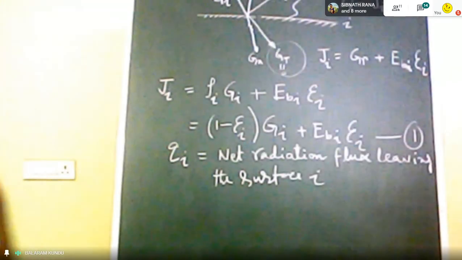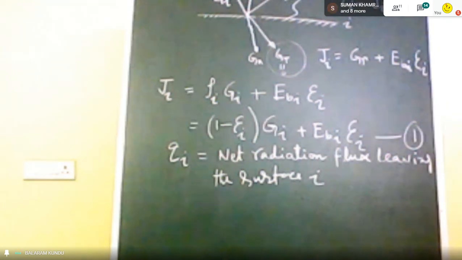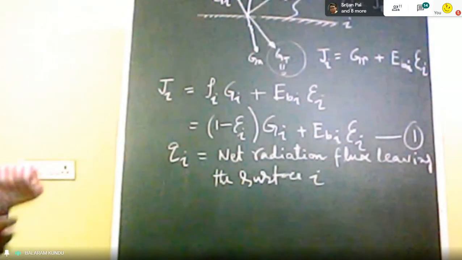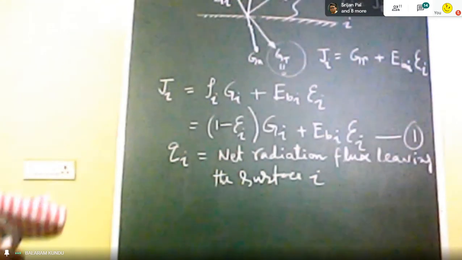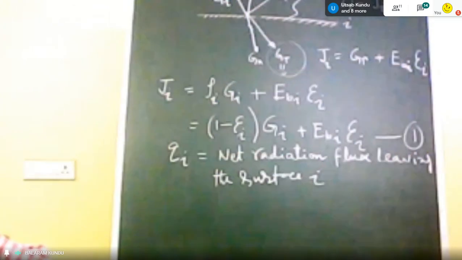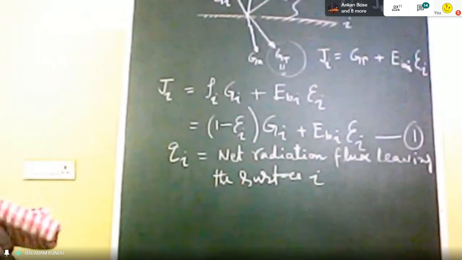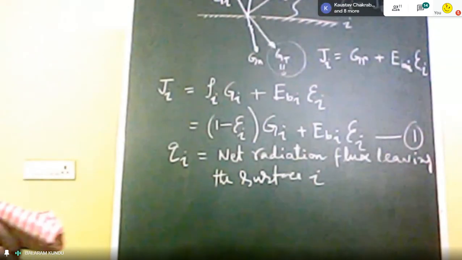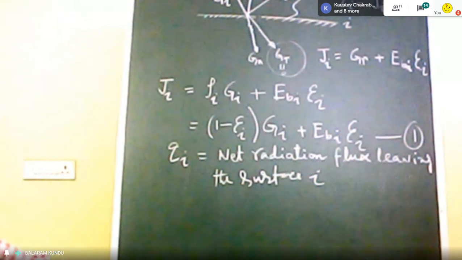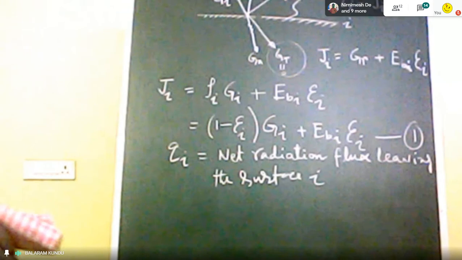Net radiation flux leaving the surface I should be equal to total radiation flux leaving minus incident flux. It is denoted by small qi. So small qi equals Ji minus Gi.